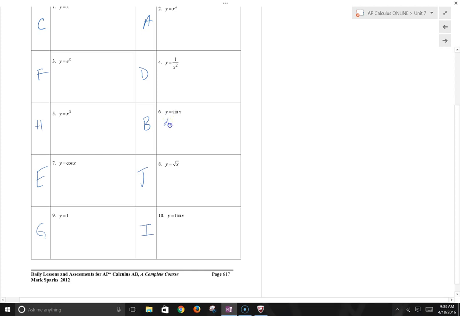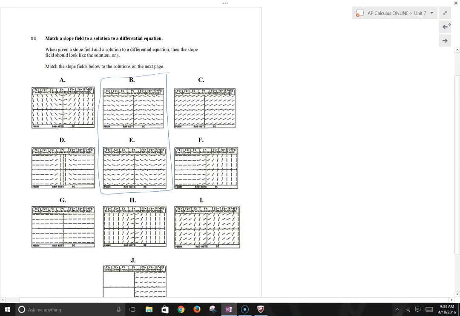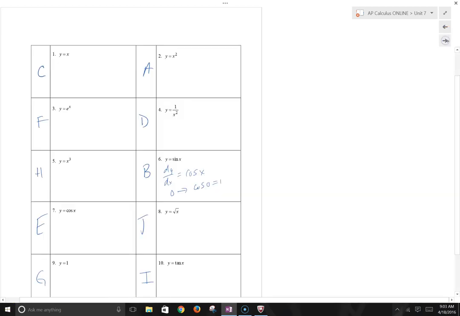So dy/dx is equal to cosine x, and if we do that at 0, we get cosine of 0 equals 1. So we can now go over here, cosine of 0 is equal to 1, which may help make that determination for you. Alright, so let's see what else we got.